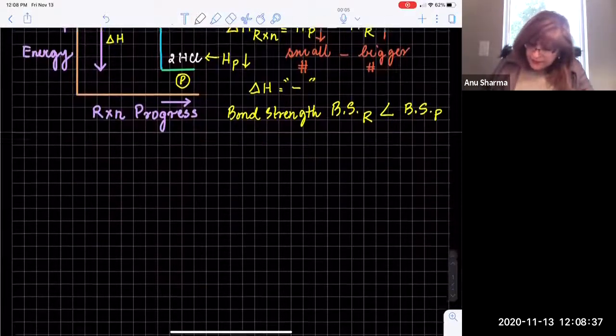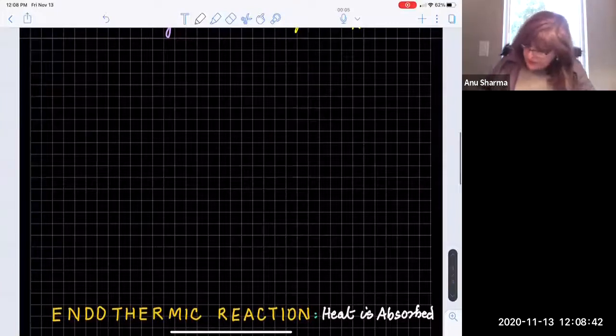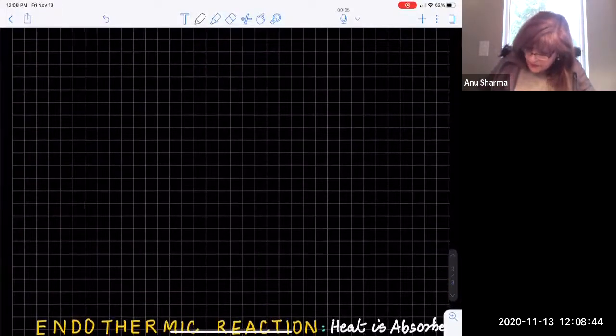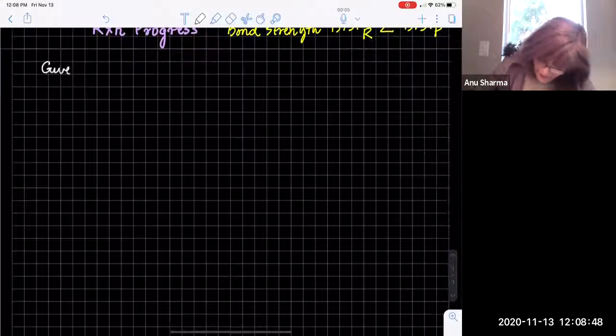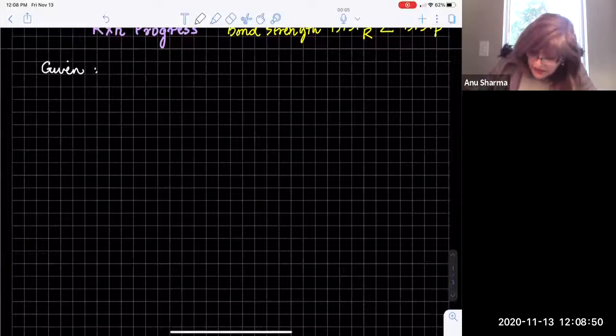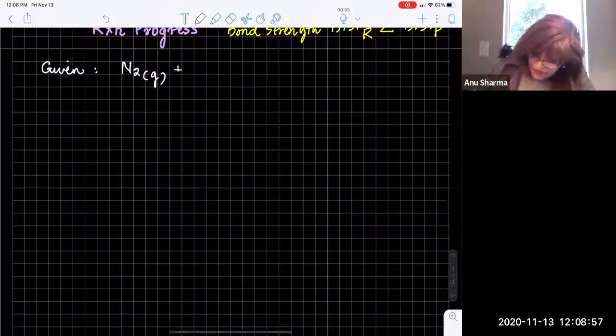For example, you are given a reaction: nitrogen, N2 as a gas, 1 mole of nitrogen gas is reacting with 3 moles of hydrogen gas.